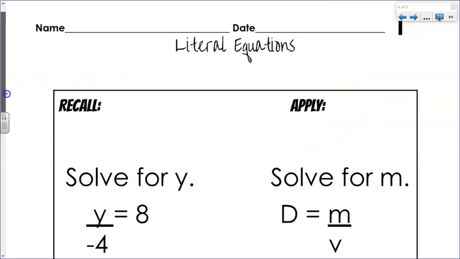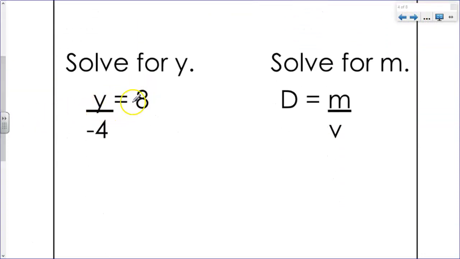So let's look at number 4. Here, y divided by -4 equals 8. If I'm getting y by itself, I'm going to need to multiply both sides of my equation by -4, because multiplying is the opposite of dividing. Then the -4 cancels out.